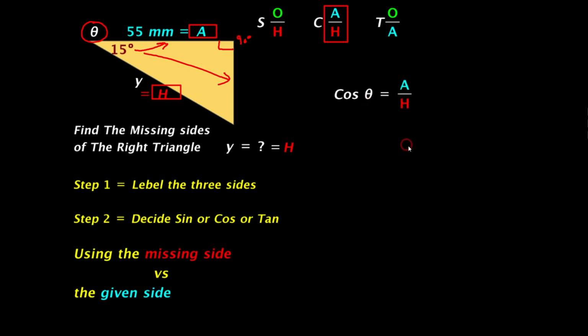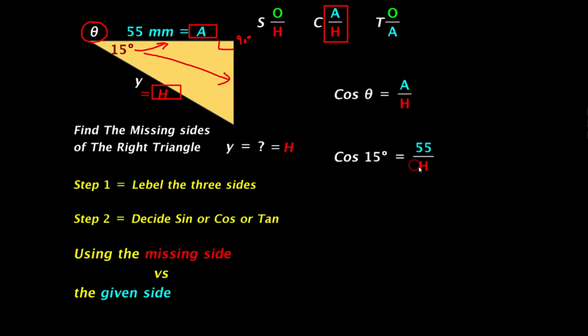Theta is 15 degrees according to the question, so cos 15 degrees equals A, which is 55 millimeter, we can just write 55 over here, and H we don't know, we have to find the H. Now we have created the equation cos of 15 degrees is A over H, which is 55 over H.